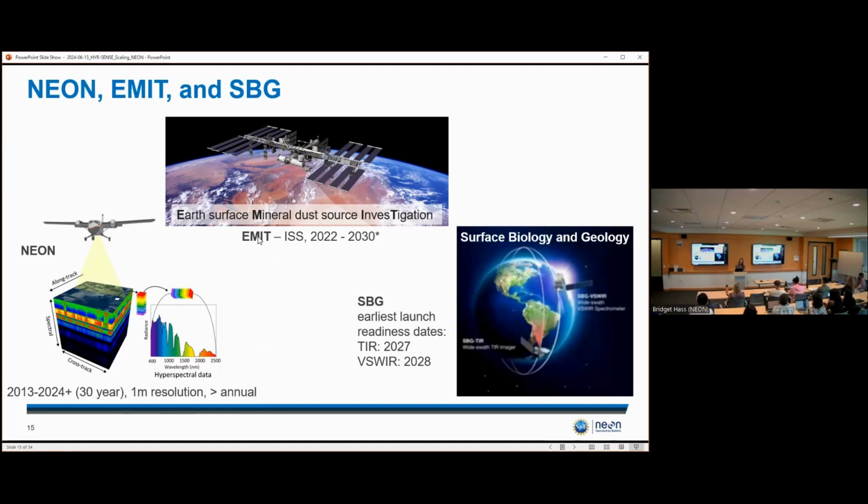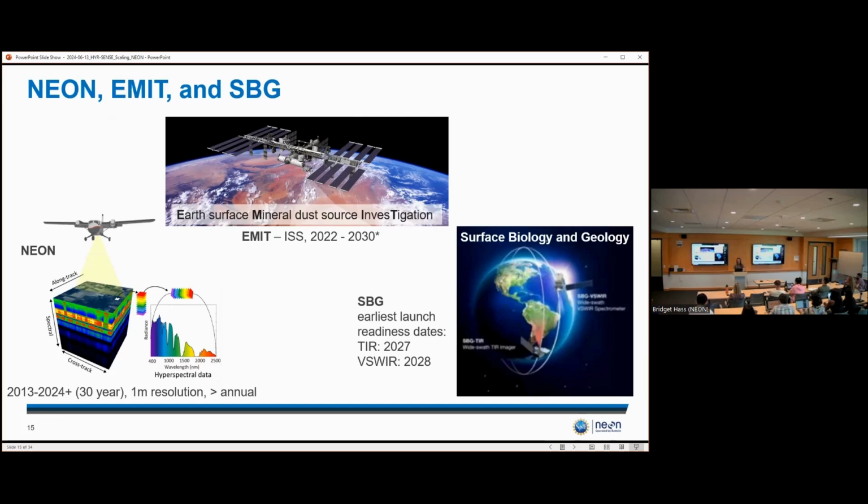EMIT is a recent International Space Station sensor that started collecting data in 2022. And I think it's on a renewal cycle, but it's planned to be collecting until around 2030 if all goes well. And this was really intended, I'll break it down in a little bit, to collect information about mineral dust. But it's essentially the same sensor as this hyperspectral sensor, so you can use it for many different applications, including ecological research like we do at NEON.